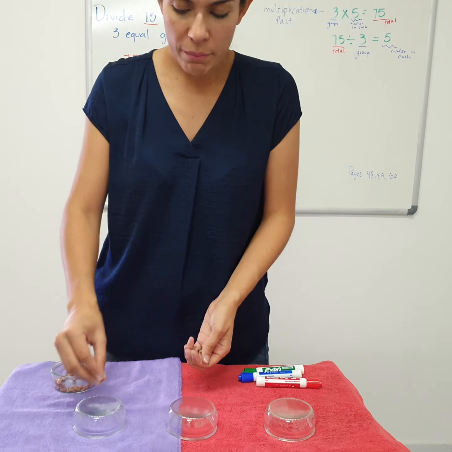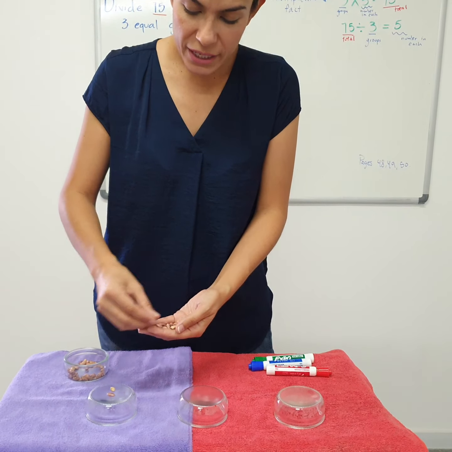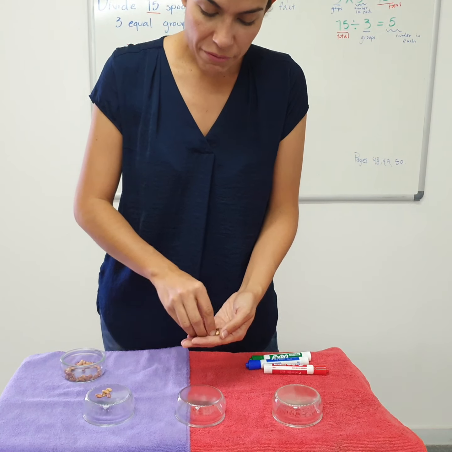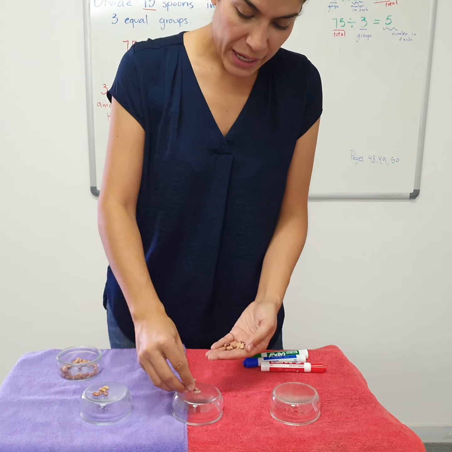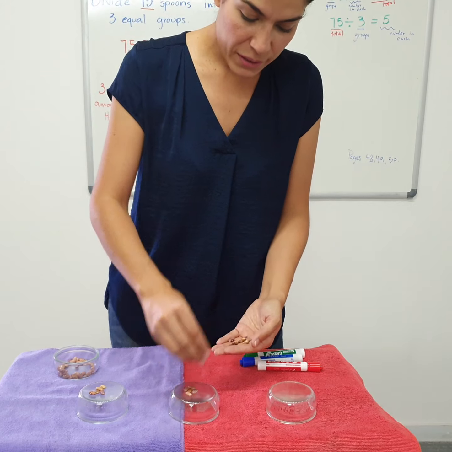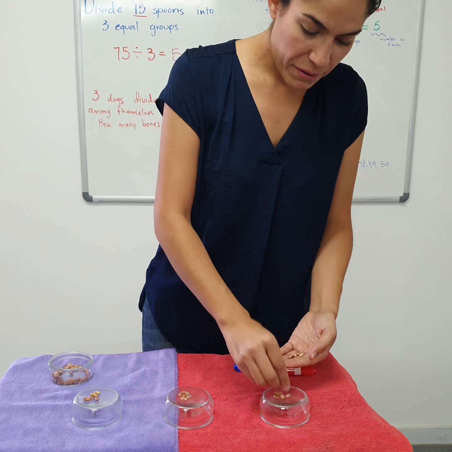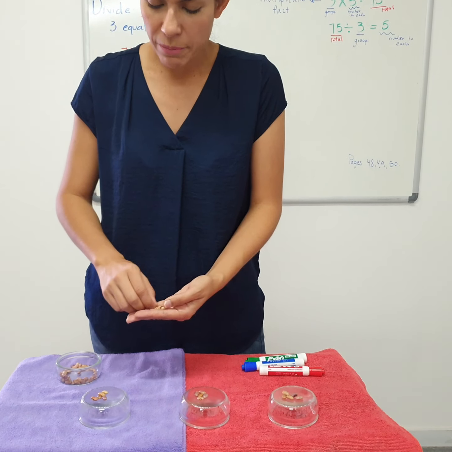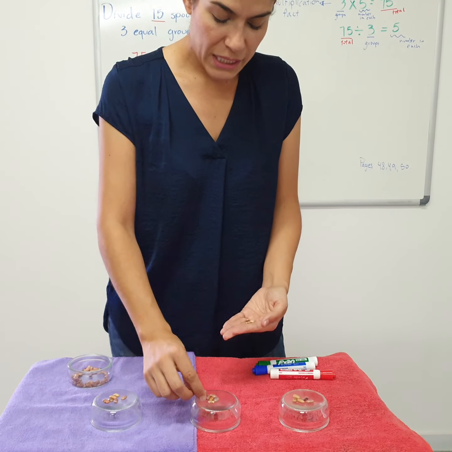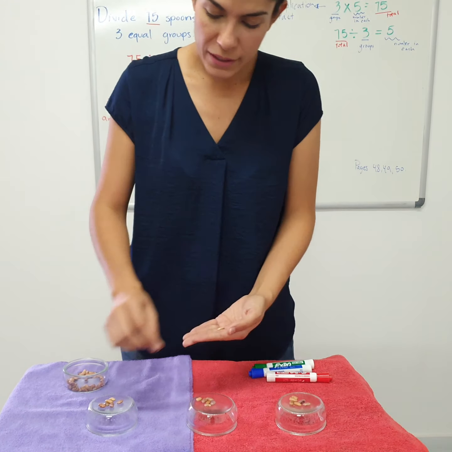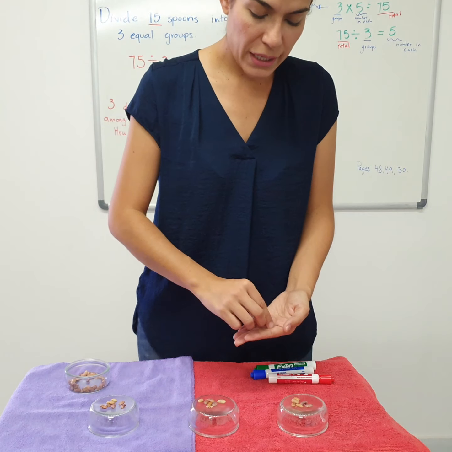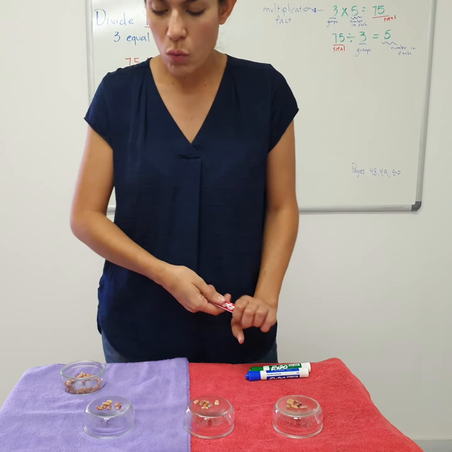I'm gonna do it one by one again. We said that if I have 5 in each one, I have 15, right? So if I have 15 already, I'm gonna keep adding 16, 17, 18, 19, 20, and 21.